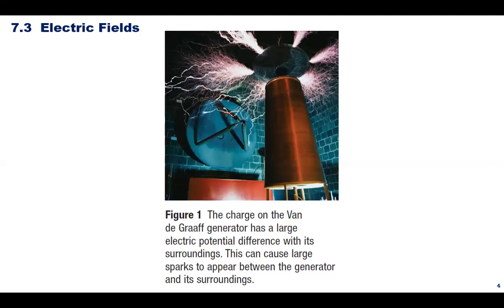This causes large sparks to jump between the sphere and objects at lower electric potentials, resulting in artificial lightning, which is shown here in figure 1. At a distance, the conducting sphere of a Van de Graaff generator resembles a point charge. In this section, we'll learn about electric potentials, electric potential energies, and electric potential differences for point charges and their surroundings.